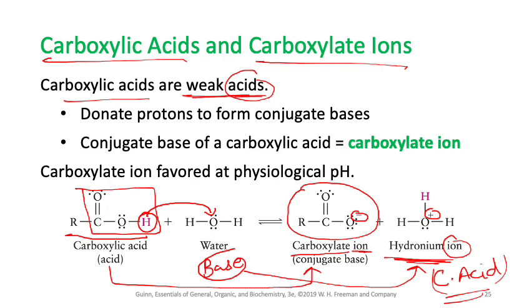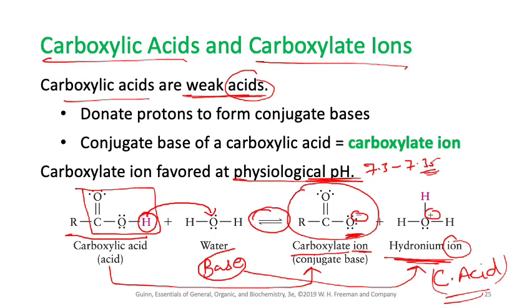Right? So the carboxylic acid is a weak acid, that's why we have an equilibrium with a double-sided arrow. The reaction will go in either direction depending on the pH of the solution, and at physiological pH, which is 7.3 to 7.35, the reaction favors the carboxylate ion.